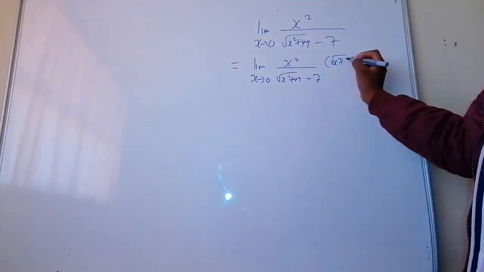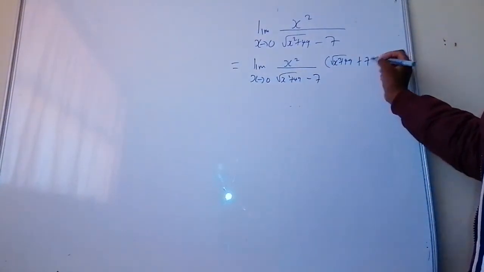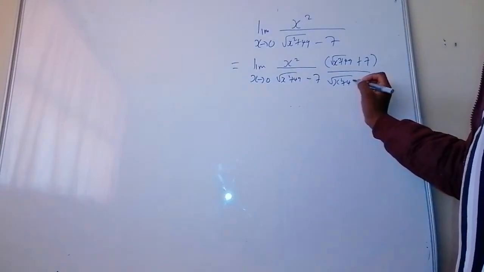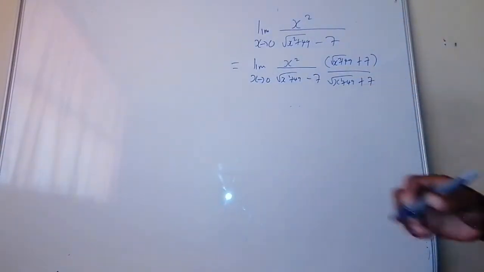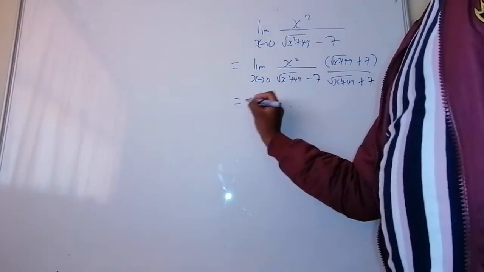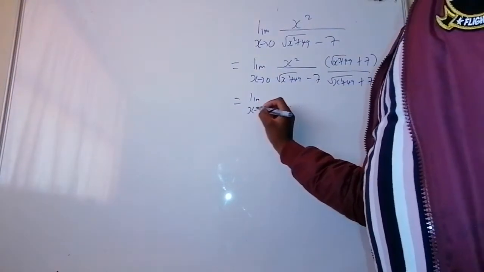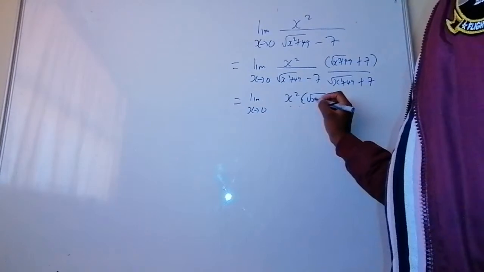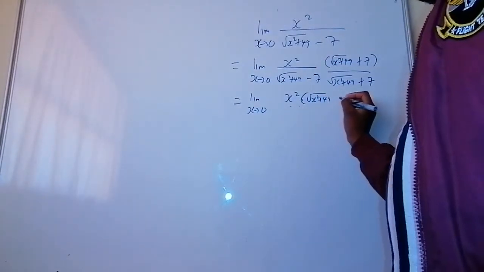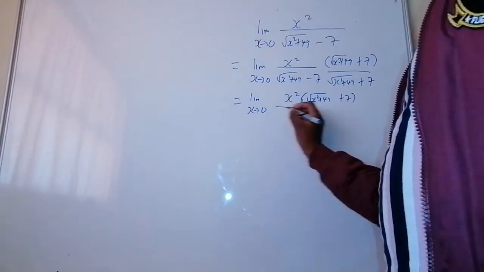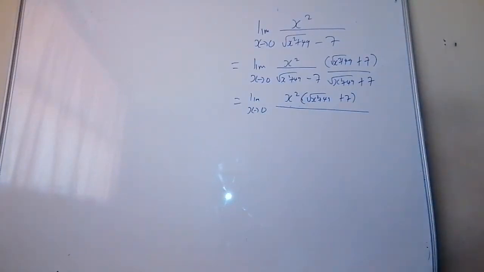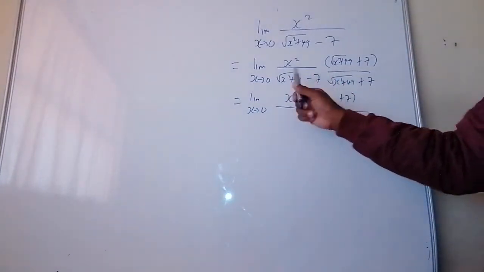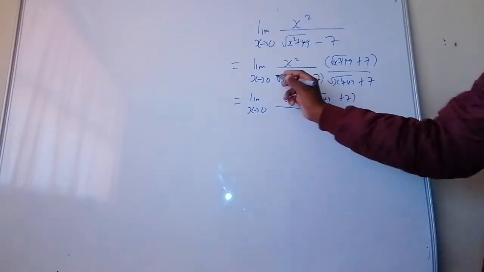Multiply by square root of x squared plus 49 plus 7 divided by square root of x squared plus 49 plus 7. So this is going to be limit as x approaches 0 of x squared into the square root of x squared plus 49 plus 7. After that, what we're going to do is to multiply the denominator.